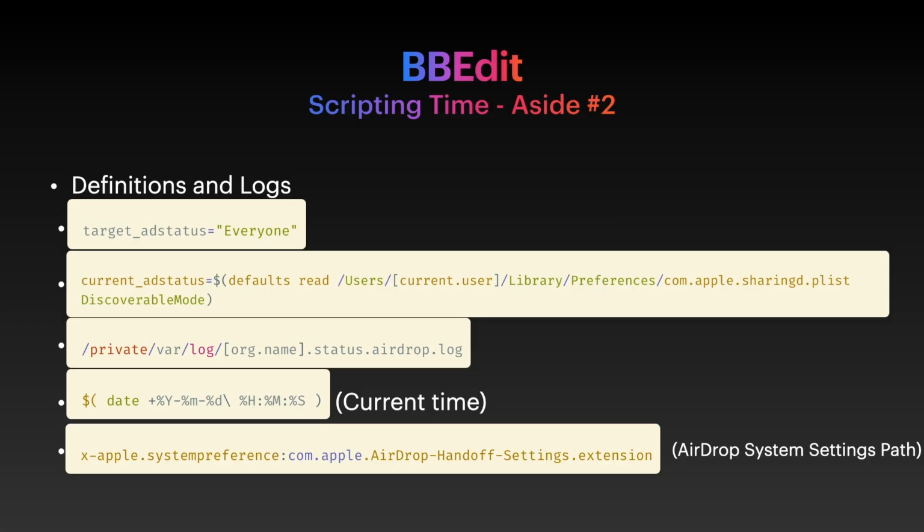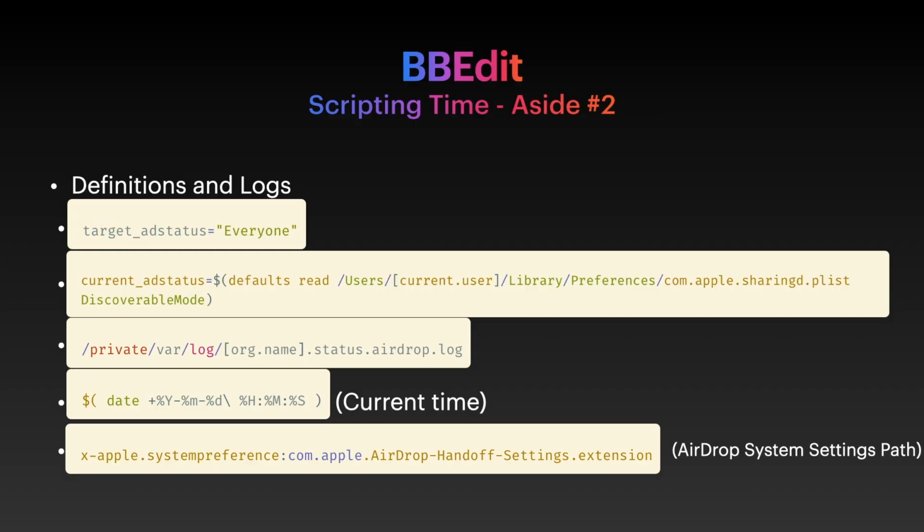All right. Now, we also want to talk about, before we actually script all this out, what each thing is going to do. So we want to only check for everyone being the set parameter, the target AirDrop status.